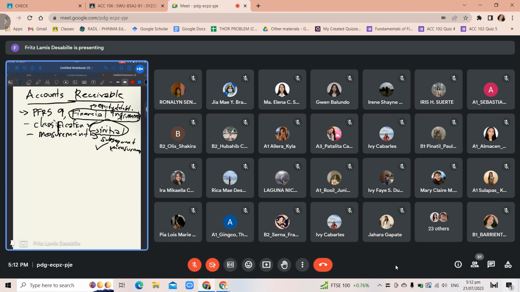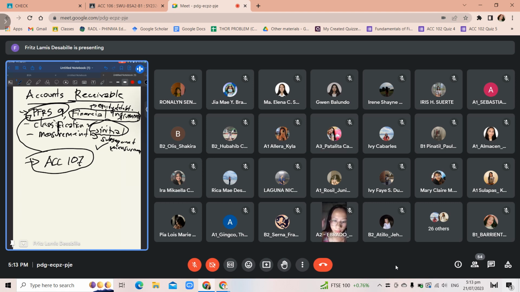By the way, guys, I will be discussing this standard again. Actually, this standard will be the bulk of our discussion in ACC 107. So that's why maglaan jud kog isa ka subject just for this standard alone, because it's quite a very deep and complicated standard.